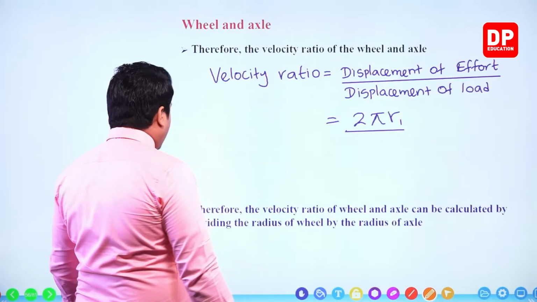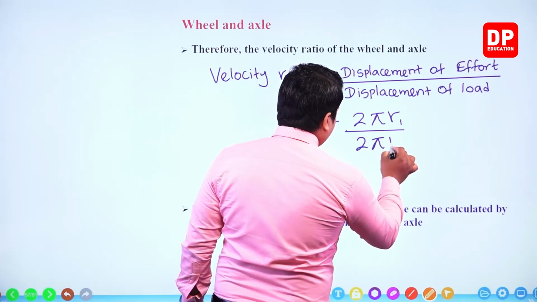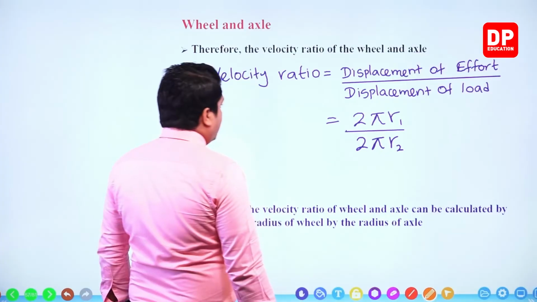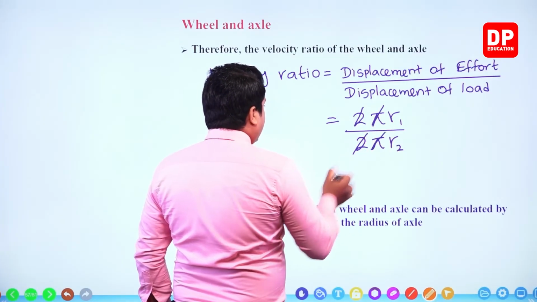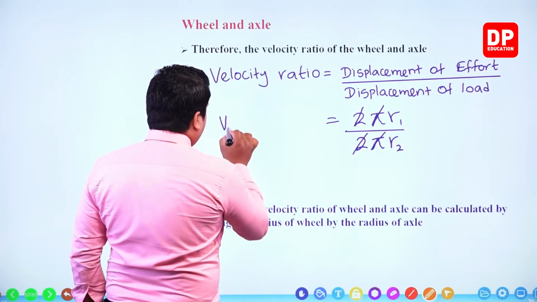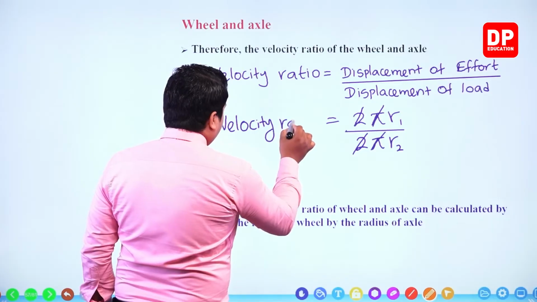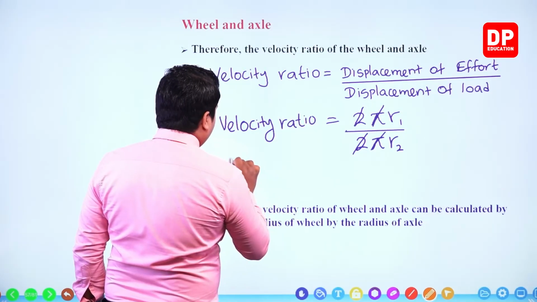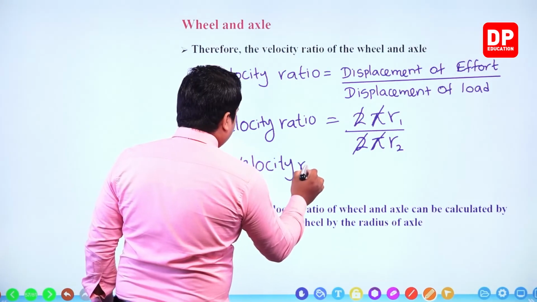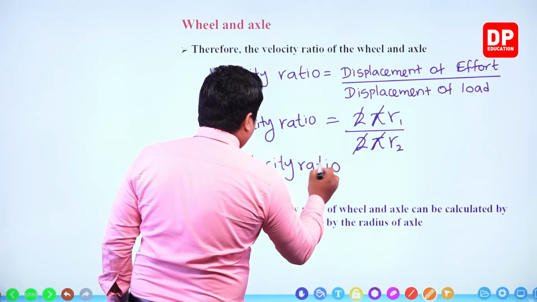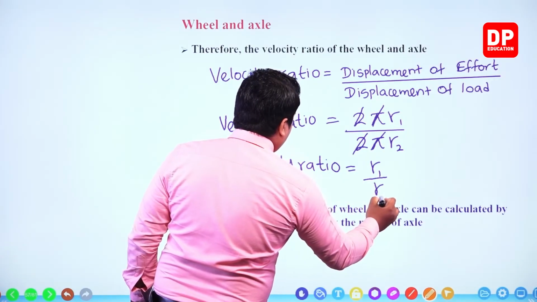So let's write down that one then. Two to two is getting cancelled, pi to pi is getting cancelled. So velocity ratio is equal to R1 over R2.